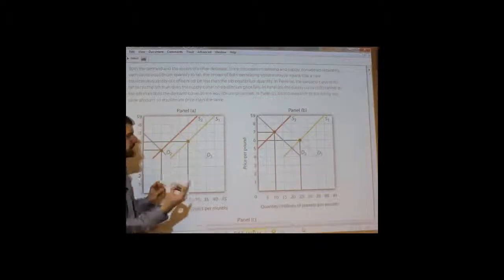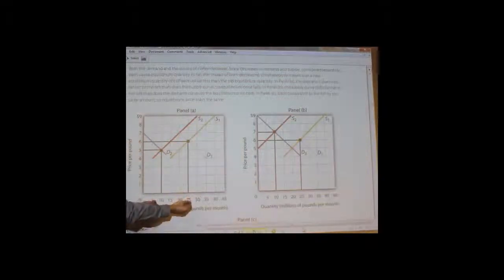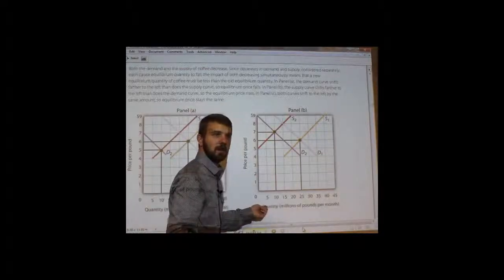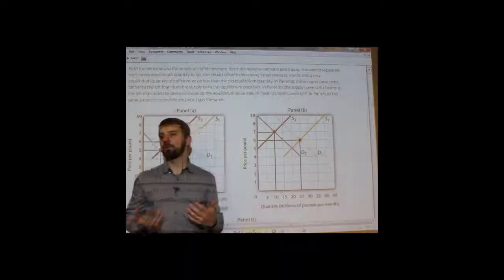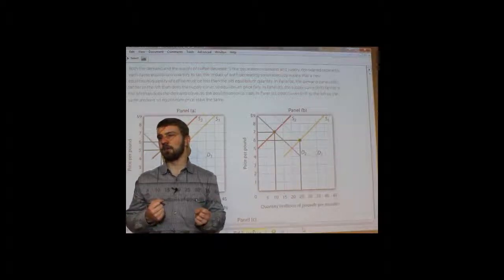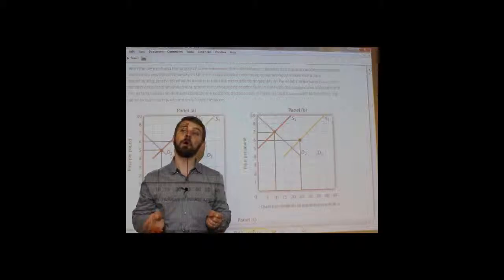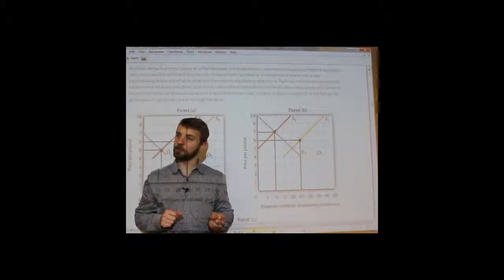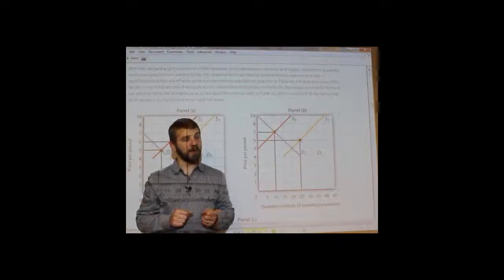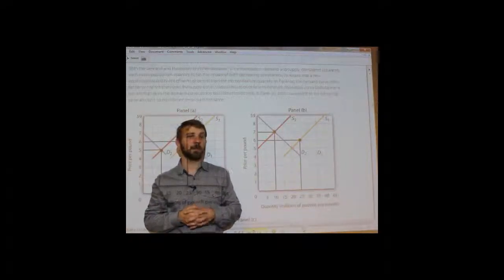What we also notice is the equilibrium quantity falls in both of them, right? So if both demand and supply fall, we know that unambiguously equilibrium quantity will fall. But do we know what will happen to the equilibrium price? The answer is no, we do not. Because if both demand and supply fall, price can go up or down.